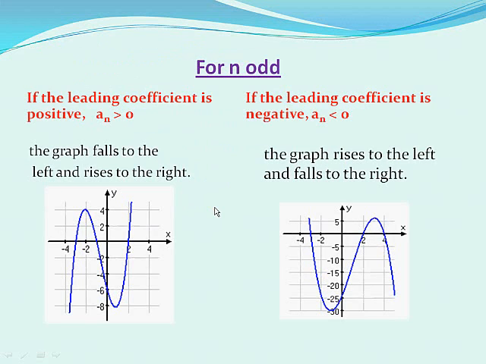If the degree of the polynomial is odd and the leading coefficient is positive, the graph falls to the left and rises to the right. If the degree of the polynomial is odd and the leading coefficient is negative, the graph rises to the left and falls to the right.